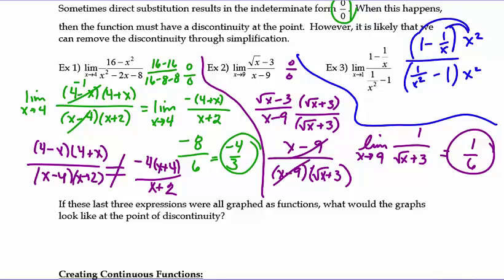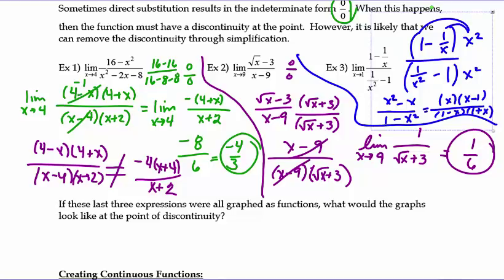So when I distribute this x squared, I end up with x squared minus x, and on the bottom I end up with 1 minus x squared, and that is equal to x times (x minus 1) over (1 minus x)(1 plus x).